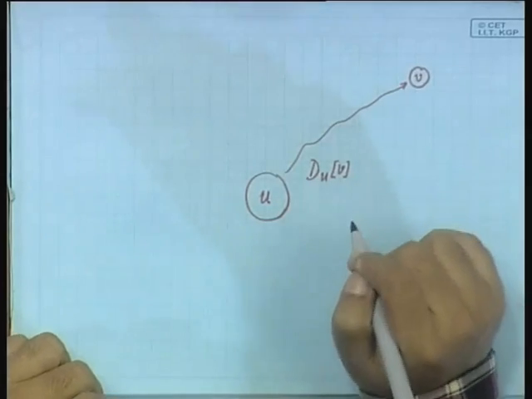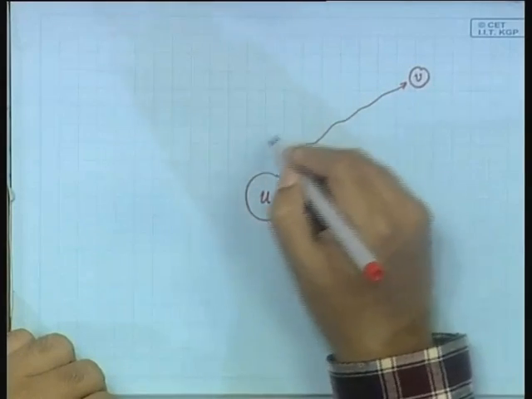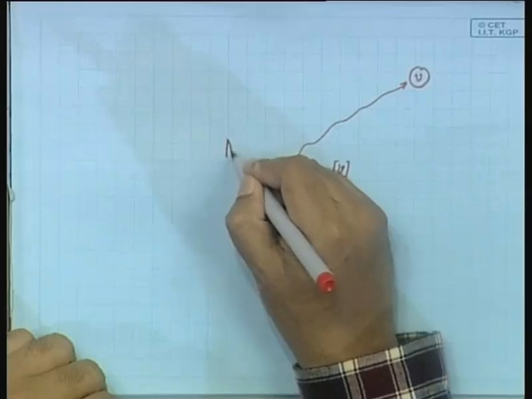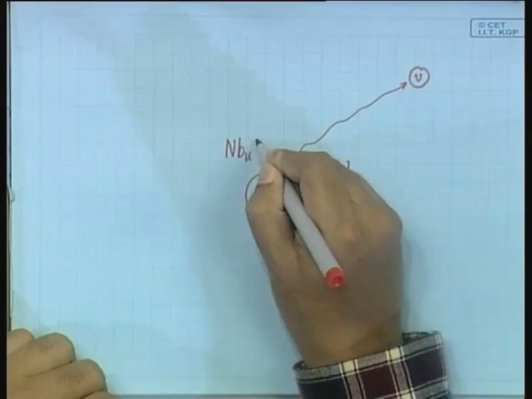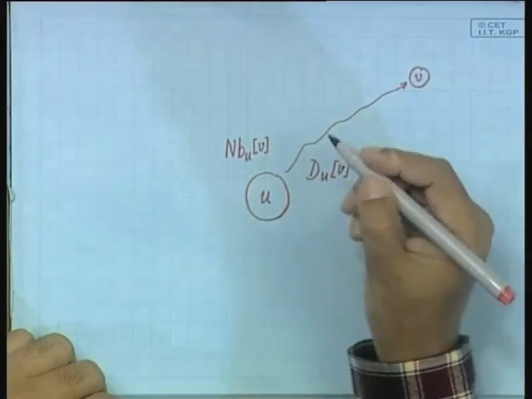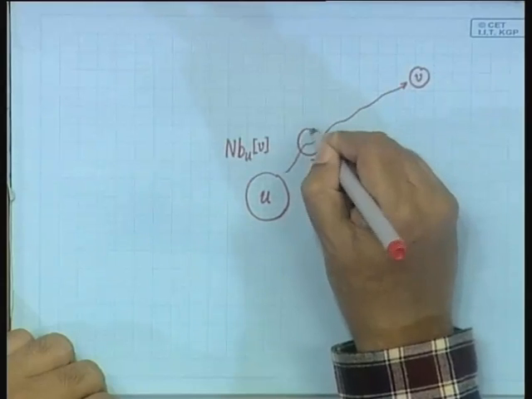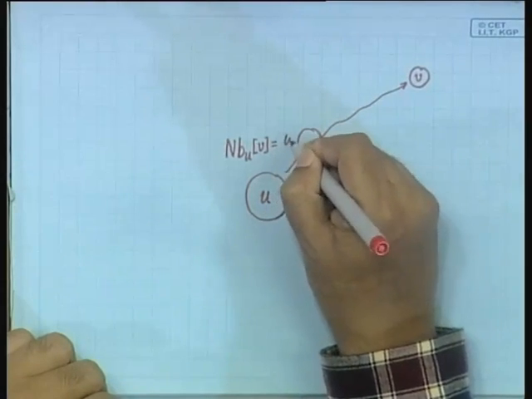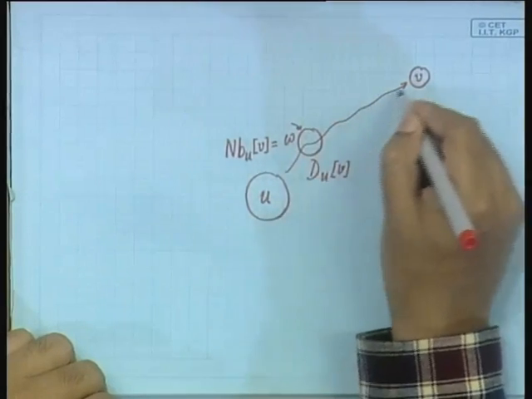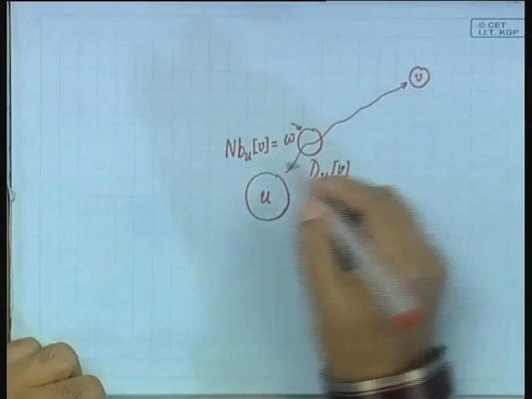Okay. This is what is being stored. We are storing nb u v. What is that? That is the next node on the path to v, that is also stored in u.